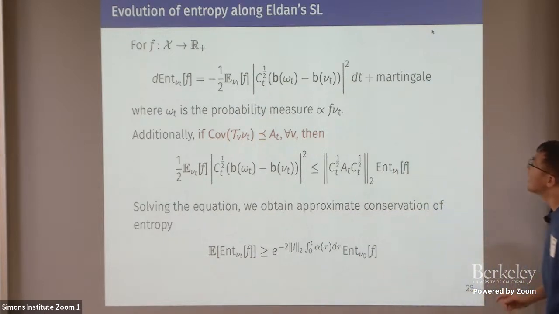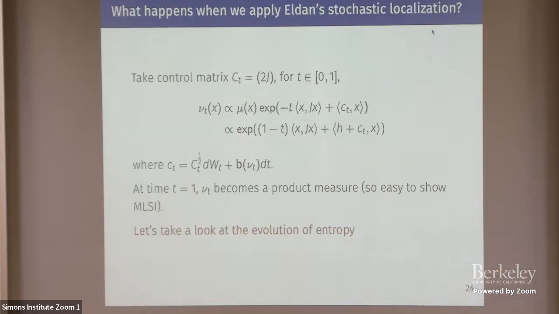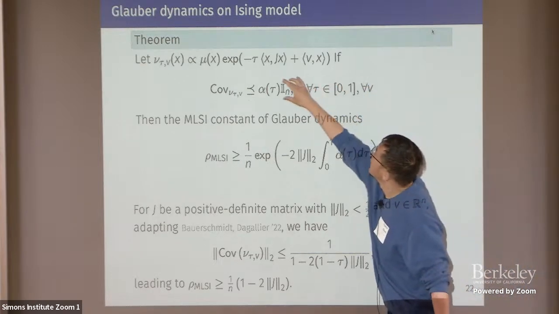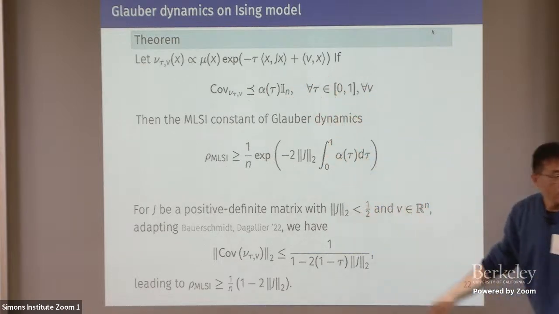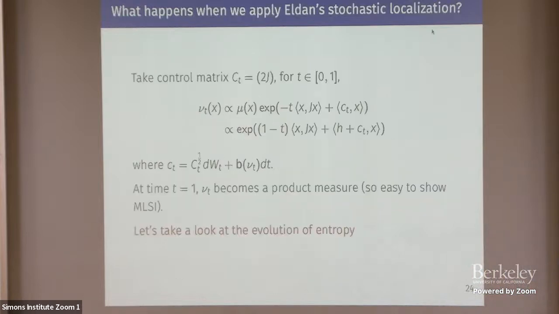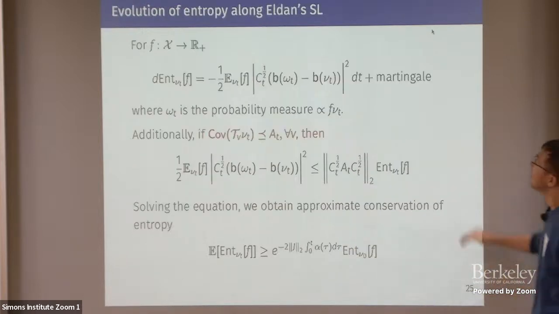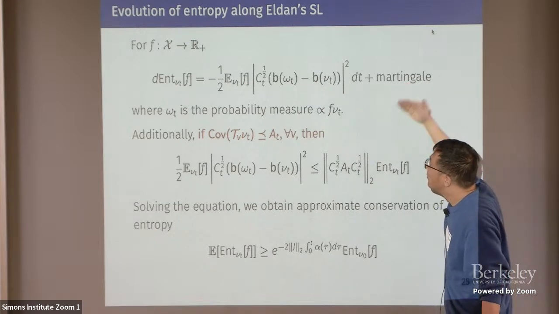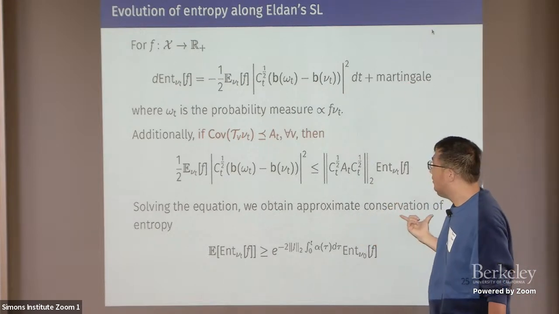So you can see that in this case, I highlight this red condition. This red condition is needed in this theorem. And we need this red condition because when we study this evolution of entropy, we want to have approximate conservation of entropy.